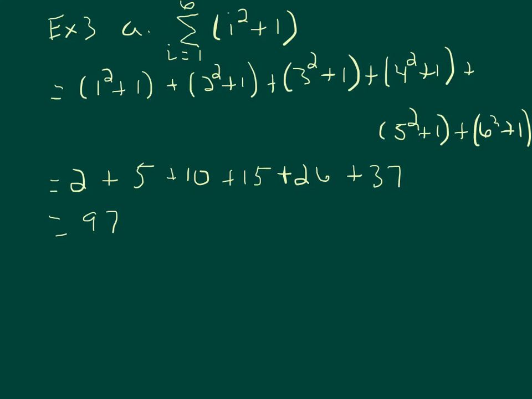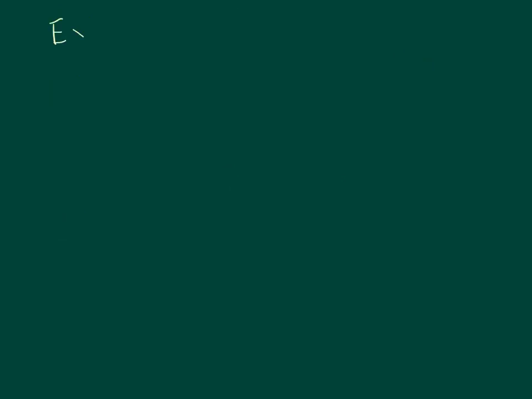Let's look at example 3B. We want the summation, and this time they do change the index letter. It's not i, it's k. It doesn't really mean anything to the problem, doesn't change the problem at all.